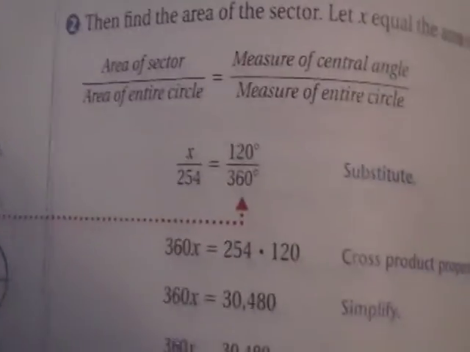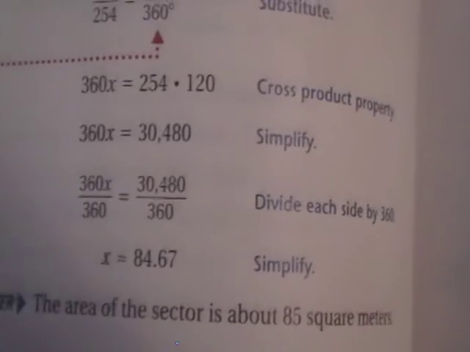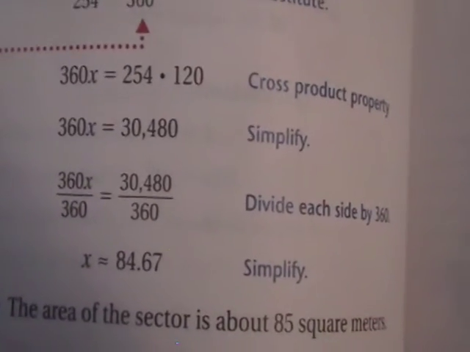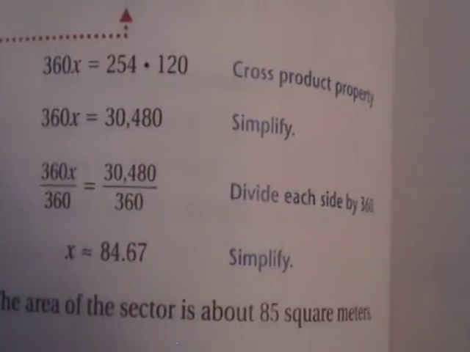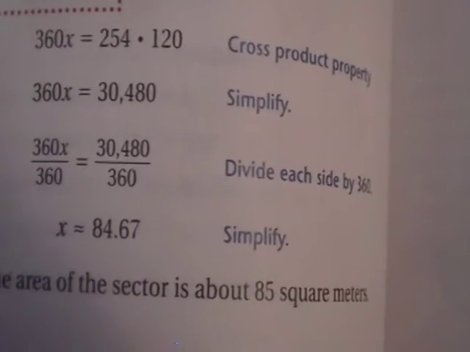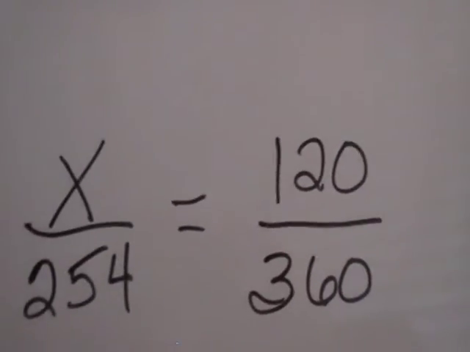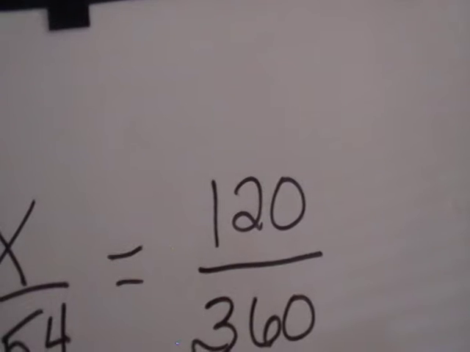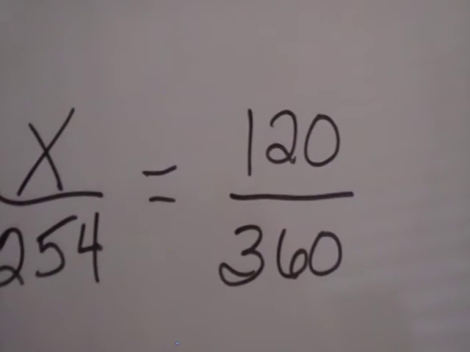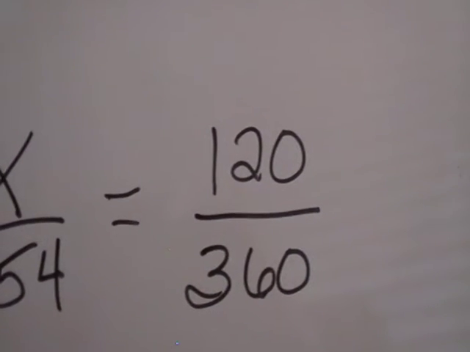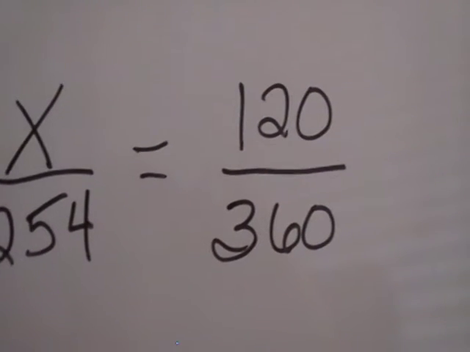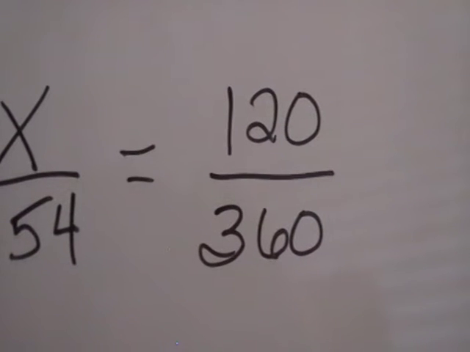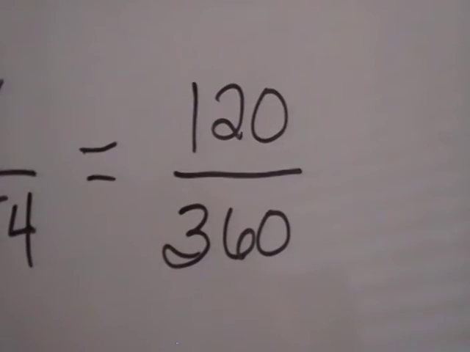Sorry, not doing a very good job here. Here we go. 360x equals 30,480, and then you divide by 360 on both sides, and you come out to 84.67. And so when we ask the question, what is the area of the little blue section, it comes out to be 84.67. This is one of those, if you follow step by step, you will be able to come up with the area of just that sector.